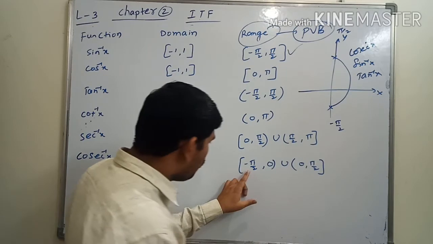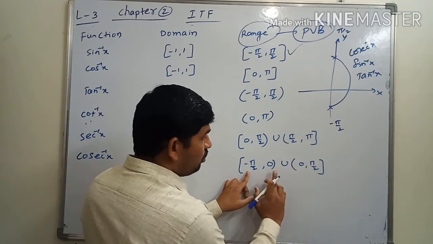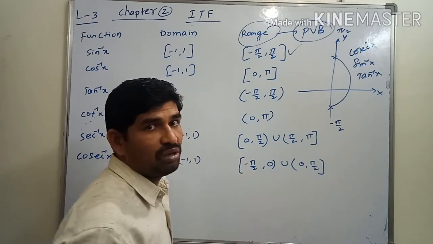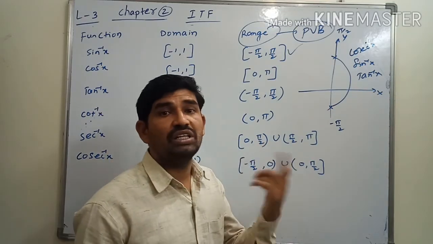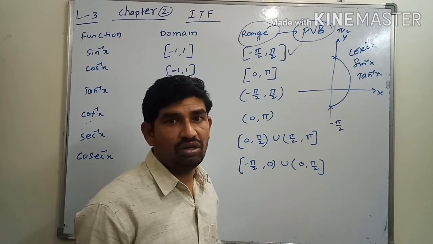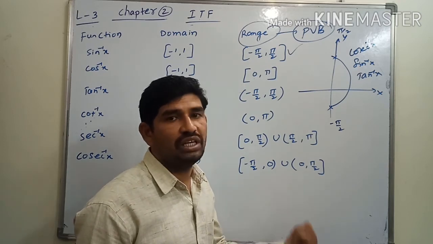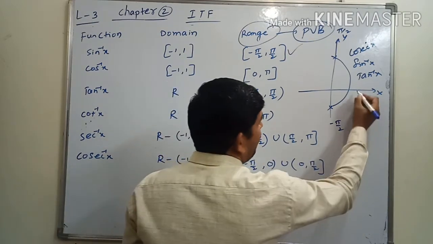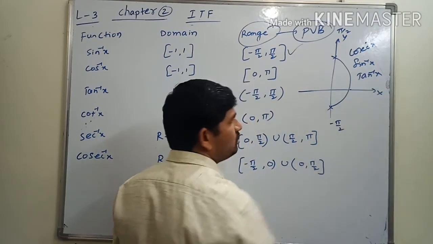At 0 degrees, cosecant inverse is not defined, because sine 0 is 0, and the reciprocal of that is not defined. The reciprocal of that value is the cosecant value, so cosecant 0 is not defined.